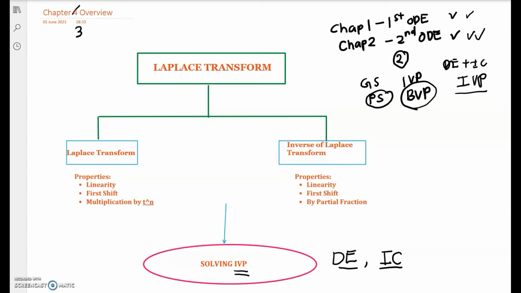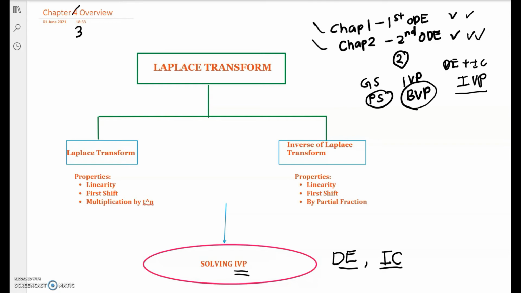So in short, we try to find a particular solution, and we try to learn an alternative method. For me, I think the Laplace transform is more powerful compared to the methods that we learned in chapter 1 and chapter 2. It depends on the problem and the difficulty of the equation that you have.